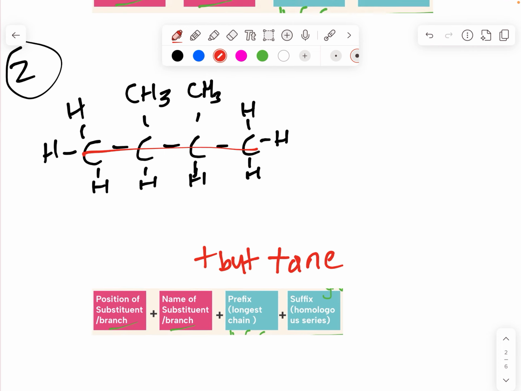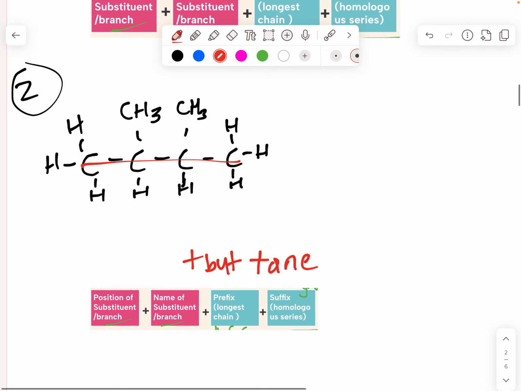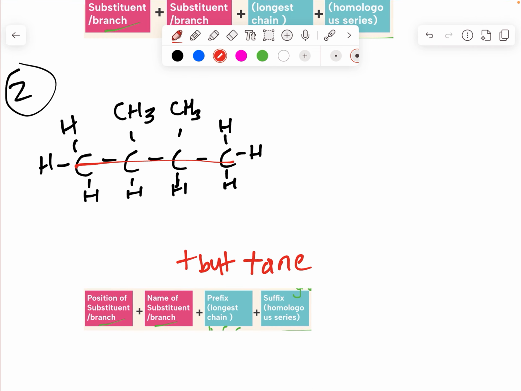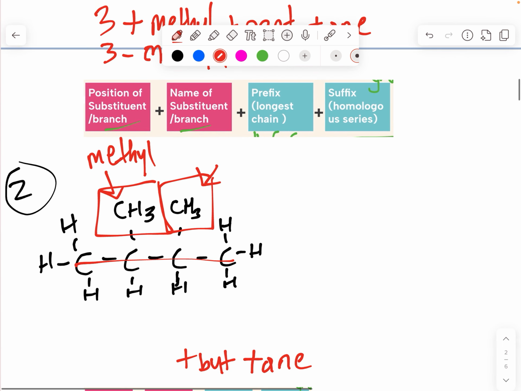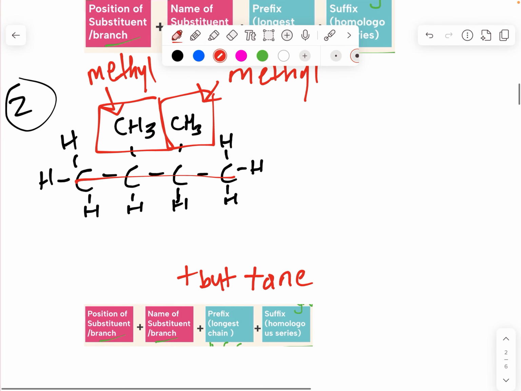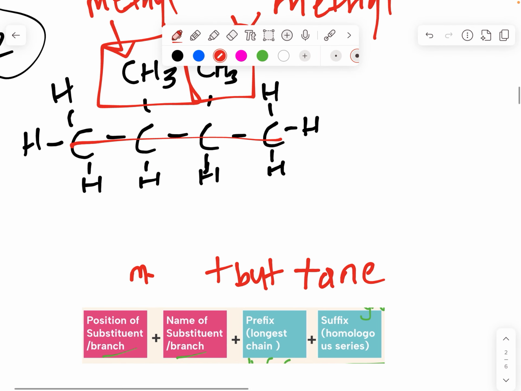Then we do our substituent or alkyl group. I'm seeing 2 groups that are attached to our main chain. I'm seeing 1 here and I'm seeing 1 here. Looking at this group, this is a methyl group, because one carbon is meth. This group is also methyl. So I'm going to do my methyl here. They're twins, so I'm going to put my di in front because it's two of them.